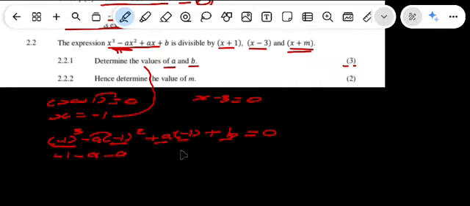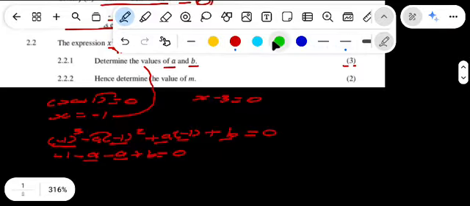Then we're left with b. We'll have plus b. This must be equal to 0. Then here you do the math. We have a also here, as you can see, that is a and a.